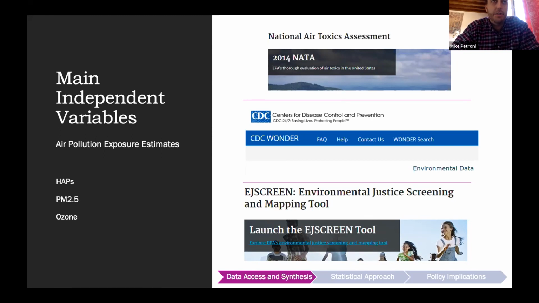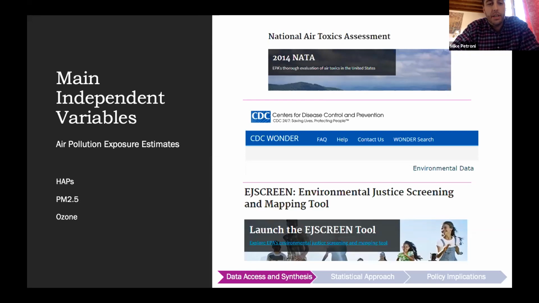And then they also produce organ-specific toxicity weighted concentration estimates for all those tracts. So this is a great environmental public health database that can be drawn upon for spatial analysis.